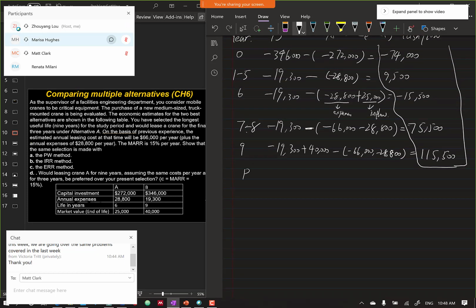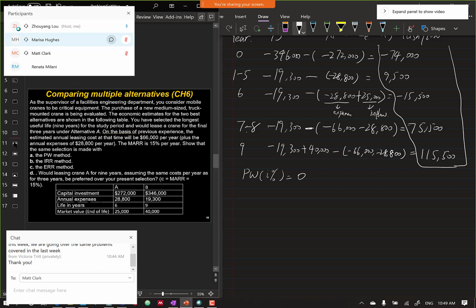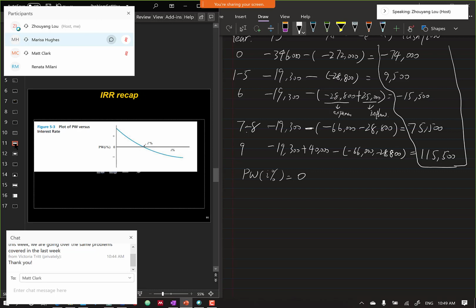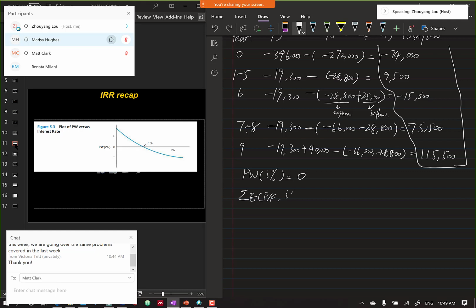So for using the IRR, we are calculating this interest rate at which the net present worth gets to 0. We just use this graph, but you can also write all this net cash flow, all the net expenses plus minus the net revenues, and set that equal to 0.